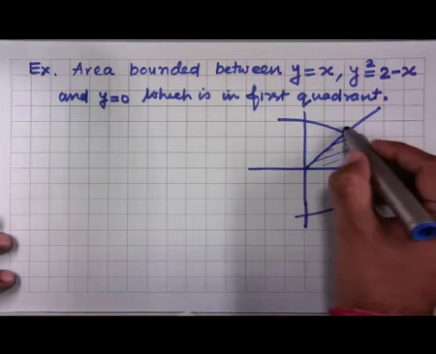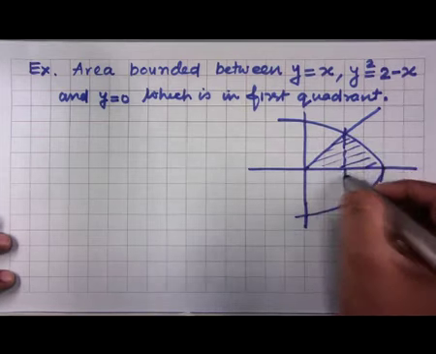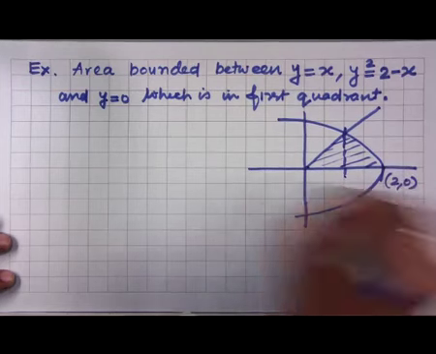So, to solve this integral, we need to find the coordinates of these 2 points. This is 2 comma 0, this is 0 0.